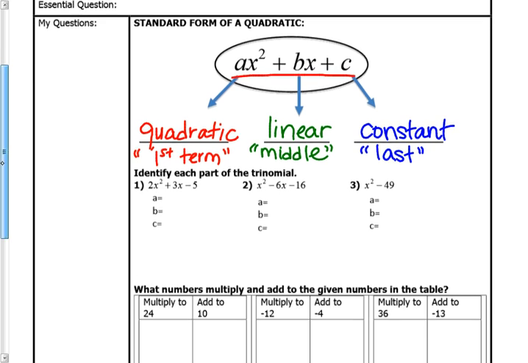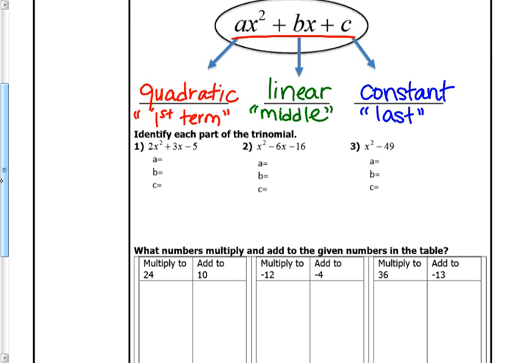Okay, so we're going to practice identifying each part of this trinomial. Number one has 2x squared plus 3x minus 5. The first part is the a, or the quadratic term. The quadratic term is the one with the x squared, and we're identifying the number in front of it, the coefficient of this quadratic term, which is the 2.